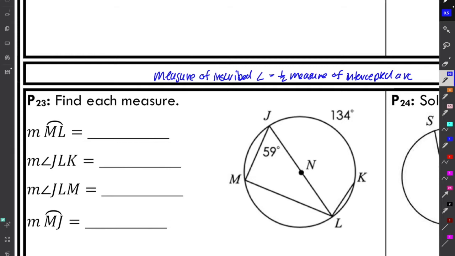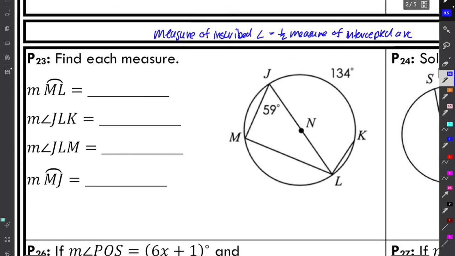Okay, so let's look at number 23. We'll find the measure of arc ML, which is right here. It is the intercepted arc of this angle MJL, right? So I know this 59 degrees is half of whatever the measure of ML is.